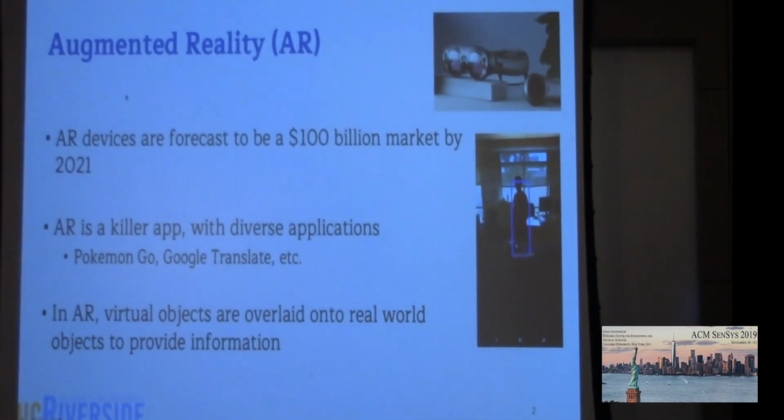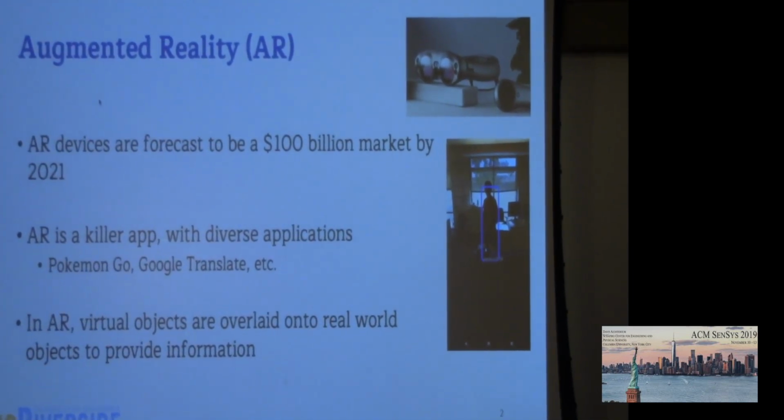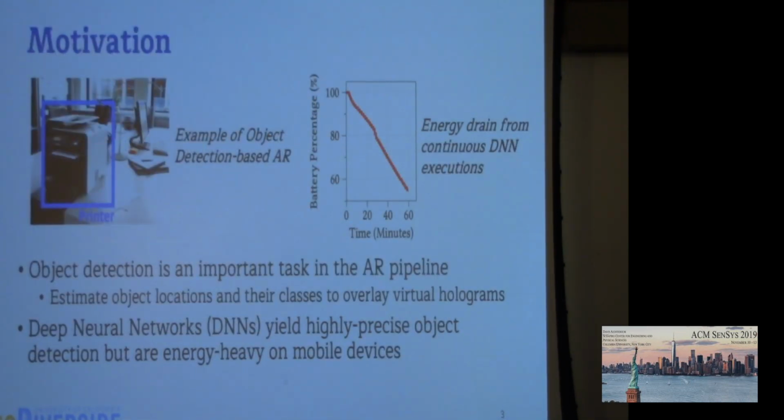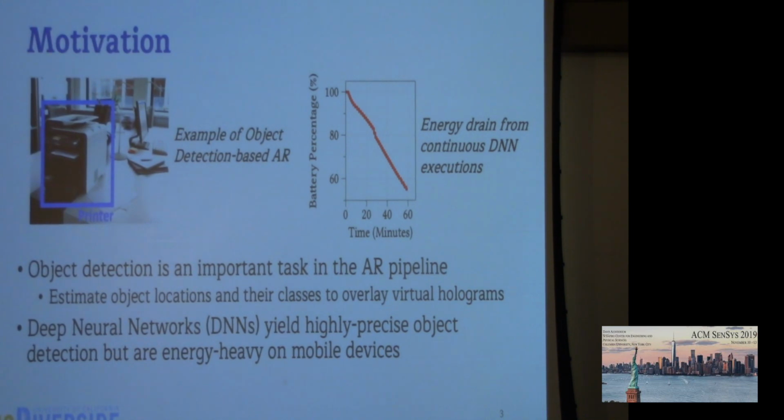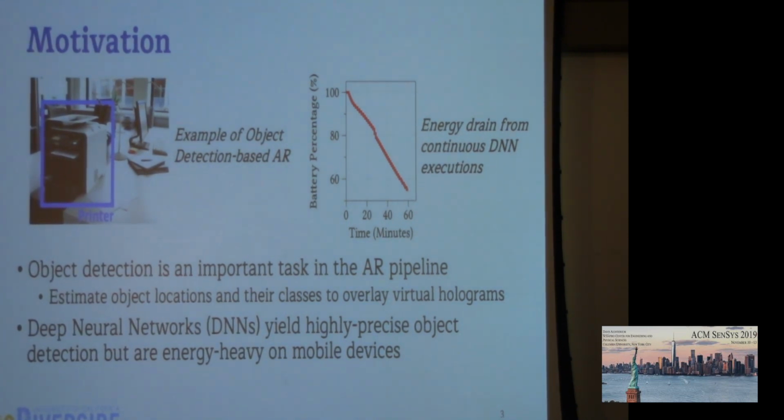So basically, in AR, virtual objects are overlaid on top of real-world objects in order to provide information related to the physical objects. Therefore, object detection is an important task in the AR pipeline, because object detection can provide the object location and class in order for the AR to overlay related information on top of the object.